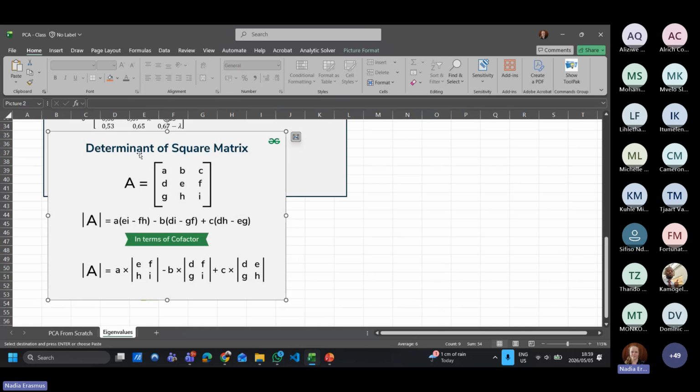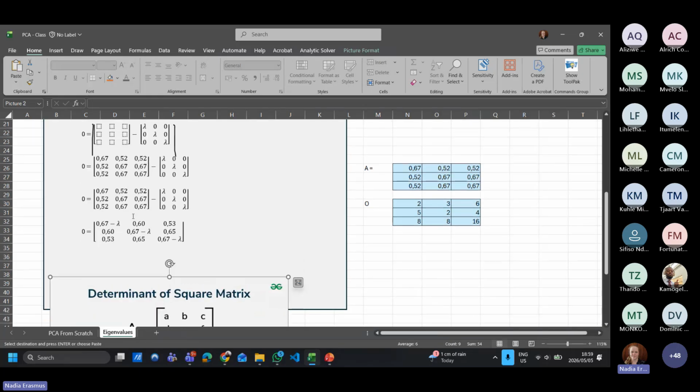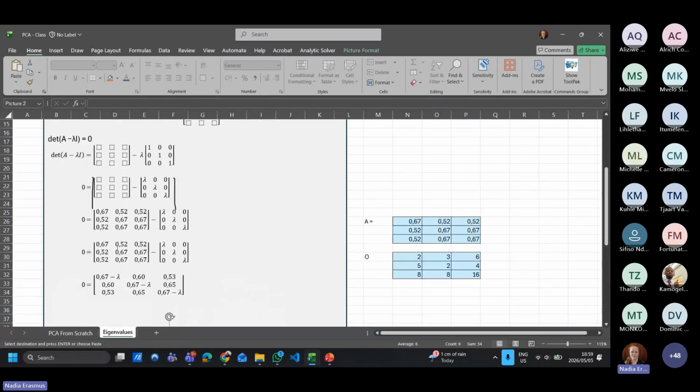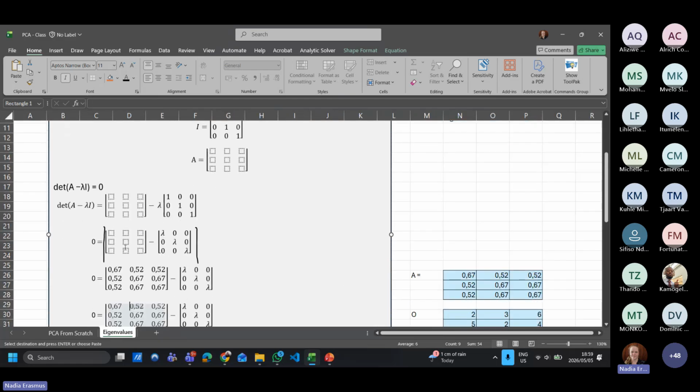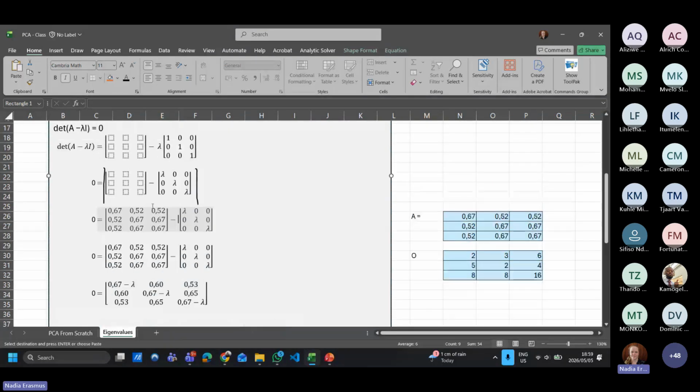Okay, so how do you get the determinant of a square matrix? In this case, I will show it to you now. We're going to make sure that we have this one correct first, so I'm going to zoom in a bit. We have it as 0.67 minus delta. Why? Because this is matrix subtraction, so it's going to be 1 on 1.